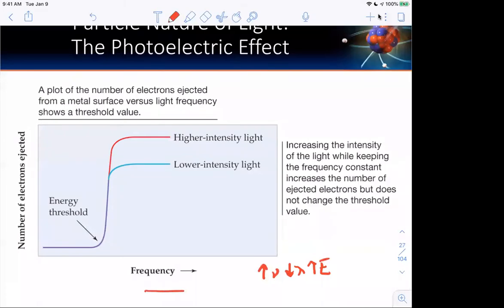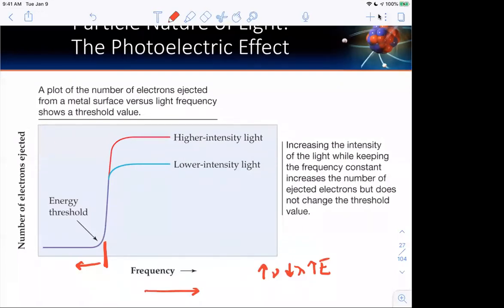So the energy of the light is increasing in this direction. What we find is there's a threshold value. Any light that has an energy lower than this specific frequency does not emit electrons, period. There's no lag time, it just doesn't emit the electrons.